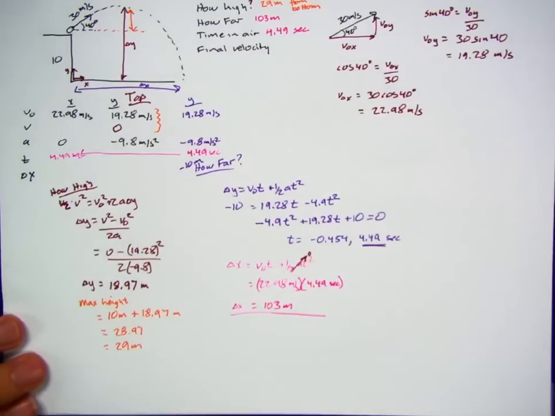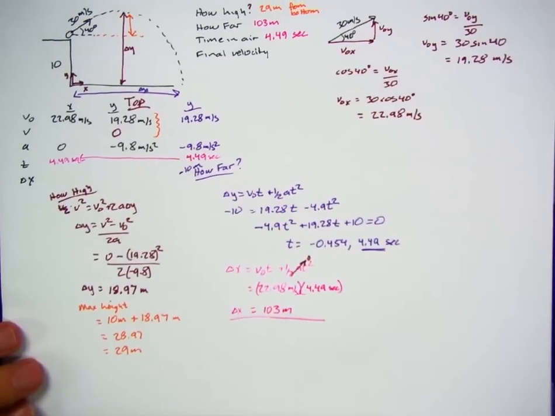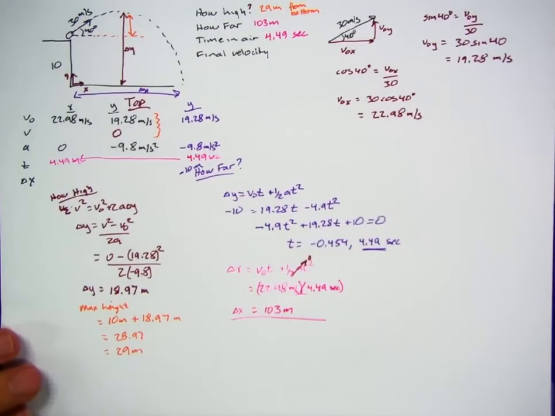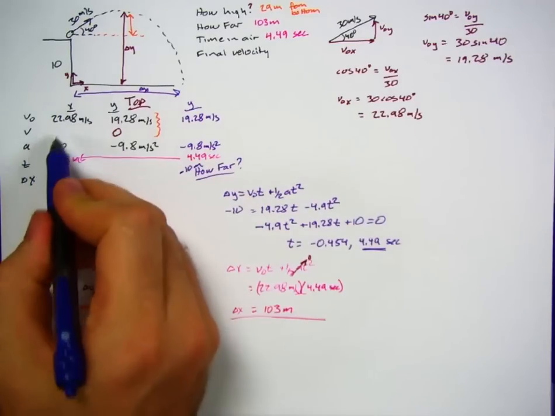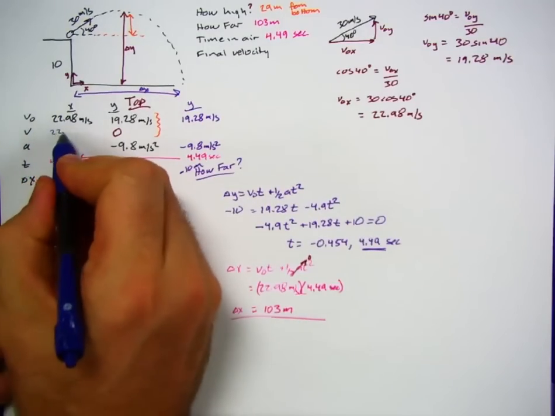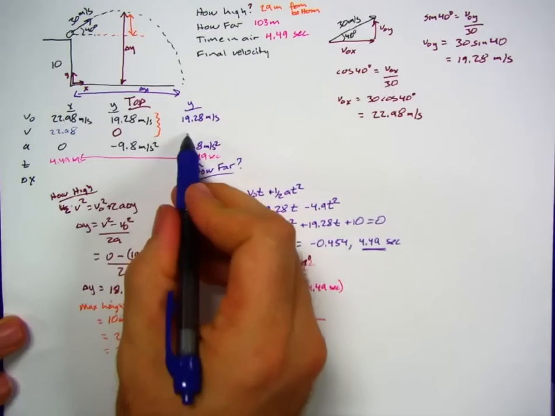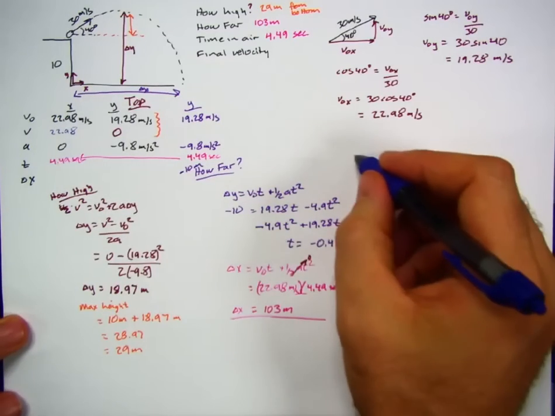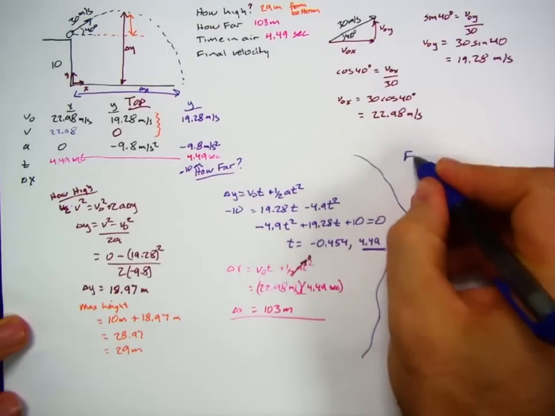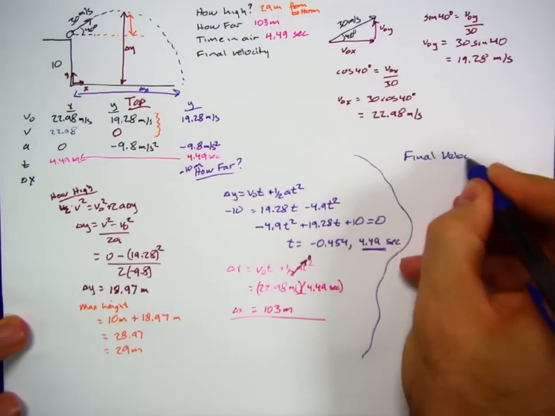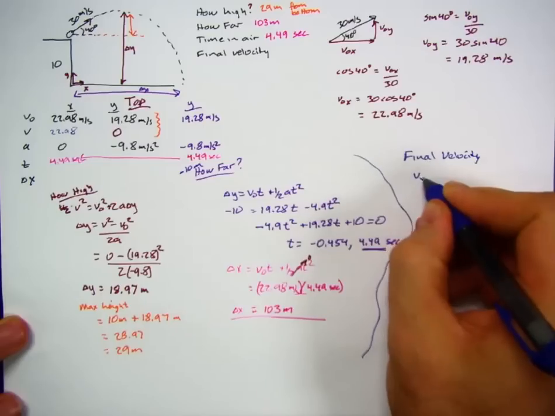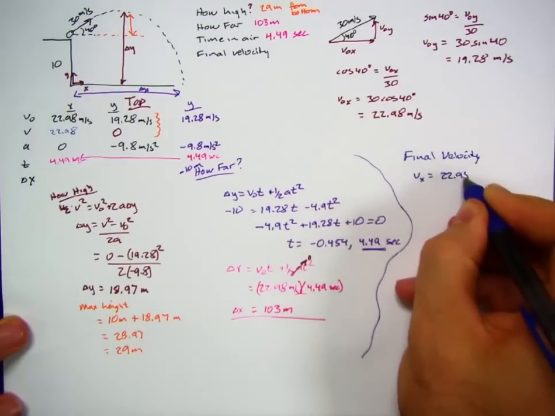All right, so we're getting close. We're finding that. So we have the how high question, we have the how far question, and then finally we can say what's the final velocity. We still don't know the final. We know the final velocity automatically over here, because the acceleration is 0, 22.98. Over here, we don't know the final velocity, but that we can find pretty easily. So velocity for x is 22.98.